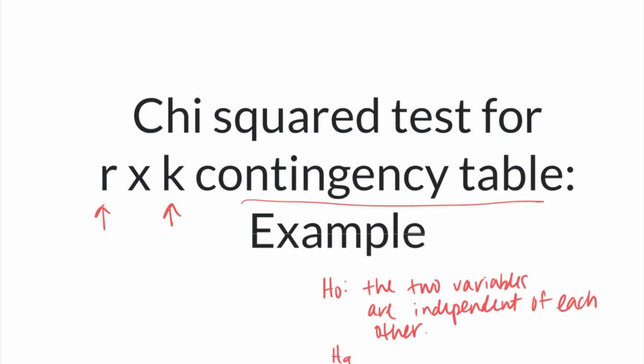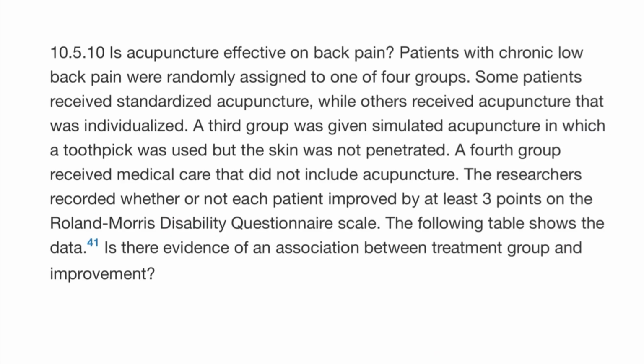And then we can think of the alternative hypothesis as there is an association between the variables. So that's the first step for thinking about how we're going to do this hypothesis test. Let me show you guys an example problem.